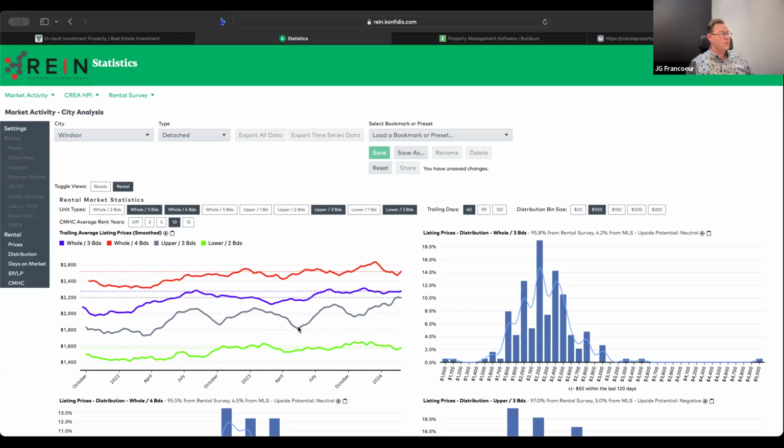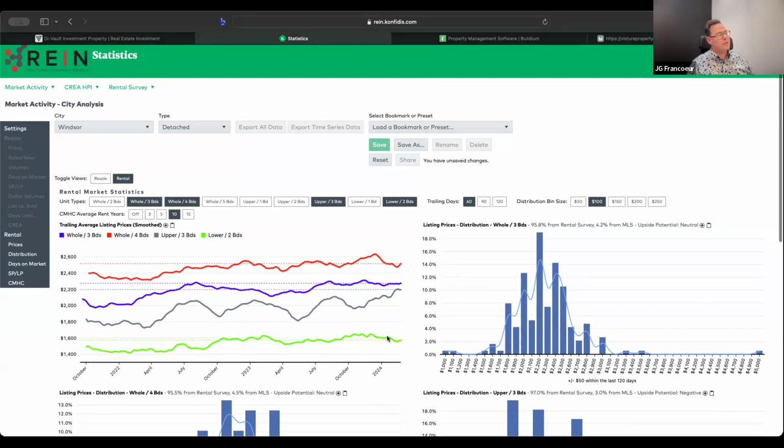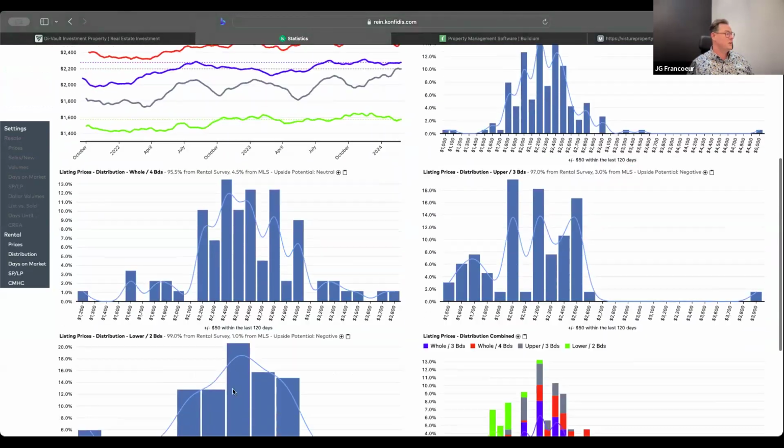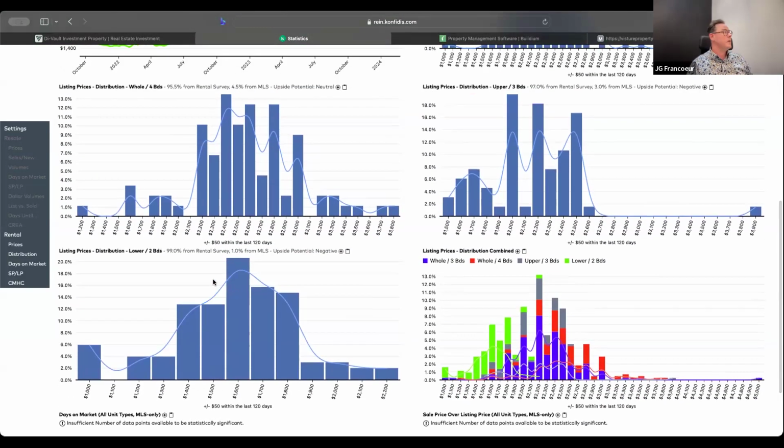In fact, just from spring last year, a 3-bedroom has gone from 1,818 all the way up to 2,200. So that's fantastic. And 2-bedrooms are on a slight downslope, but relatively stable. You can see they've been in the same area, about $1,600, since October of 2022.